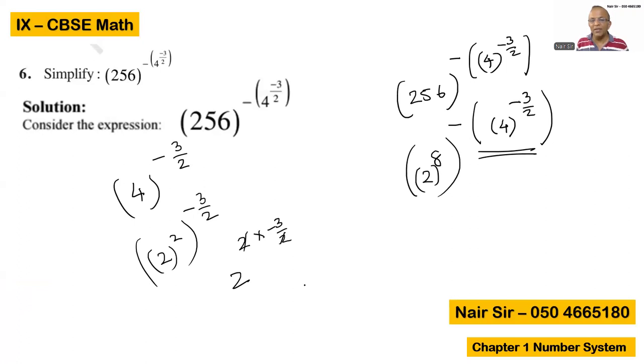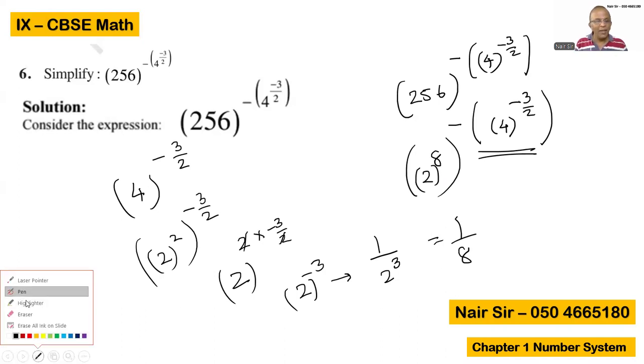The 2s get cancelled, 2 raised to minus 3. Here, put the bracket so that you don't get confused. I can write 2 raised to minus 3 as 1 upon 2 raised to 3, and 1 upon 2 raised to 3 is 1 upon 8. Okay, done, sir.